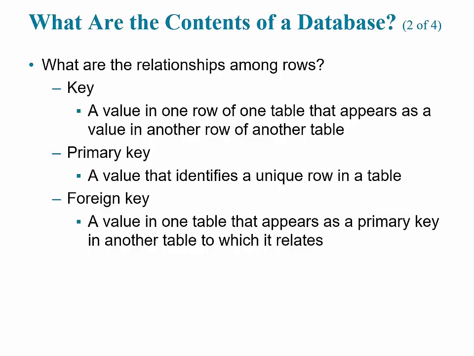So that you can retrieve that data by a particular key, a particular column. So that's what we call keys. There are different types of keys: a primary key, foreign key. There are other types of keys in database, but those are the two main keys that we need to understand: primary key and foreign key.